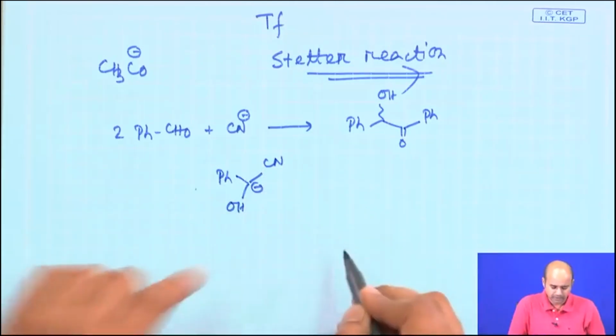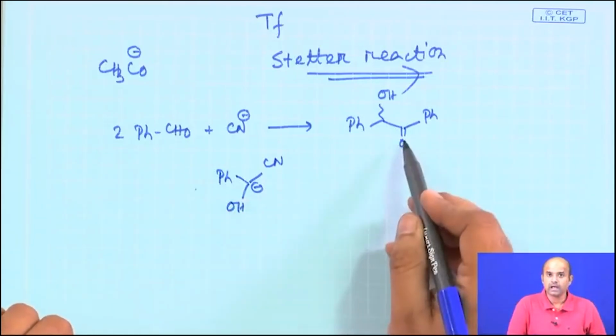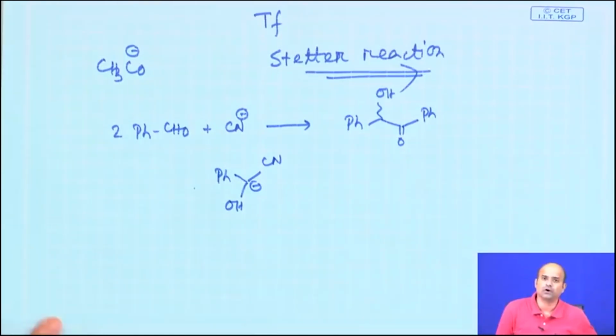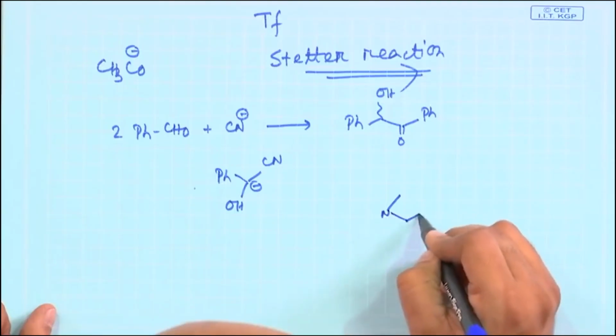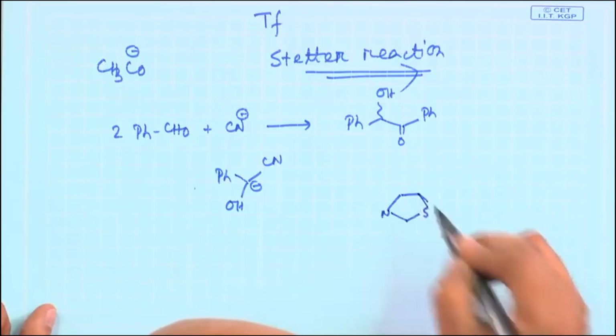This kind of species is in reality generated, and this basically attacks another molecule of benzaldehyde. The Stetter reaction is basically a biochemical version of the benzoin reaction, normally was proposed, and this kind of transformation is known in living systems for a long time, and particularly vitamin B1 or thiamine analogs have been known for a long time to catalyze those kinds of reactions.